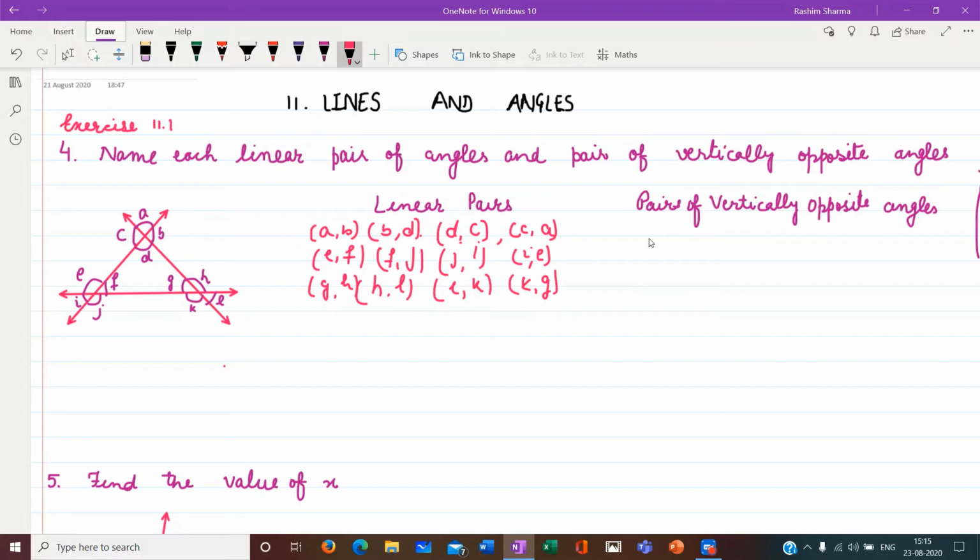So here vertically opposite pairs are A with D and C with B. Then in the next vertex, E is vertically opposite to J and I is vertically opposite to F. In the third vertex, we can have G and L, and last is H and K. So these all are pairs of vertically opposite angles.